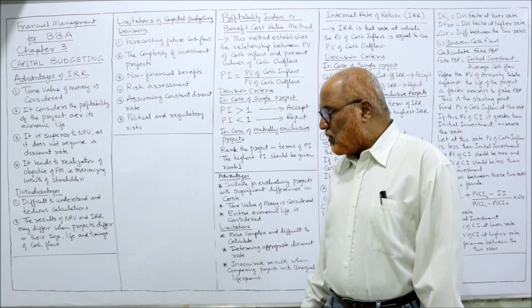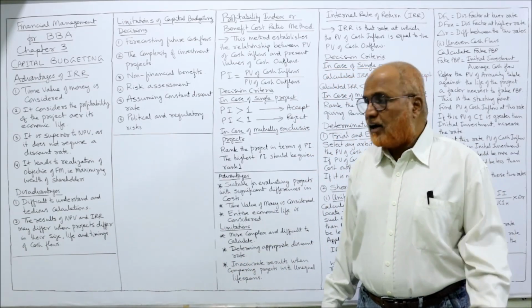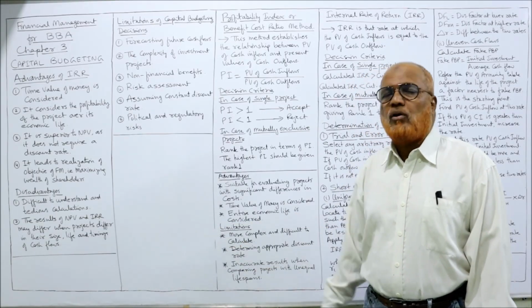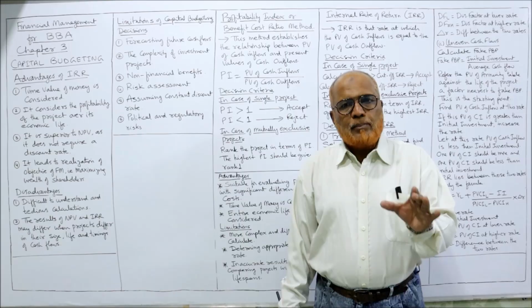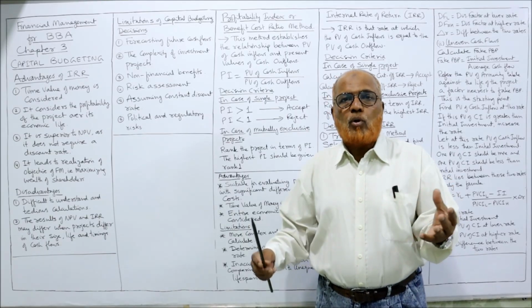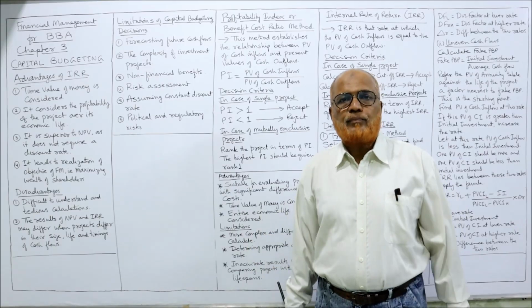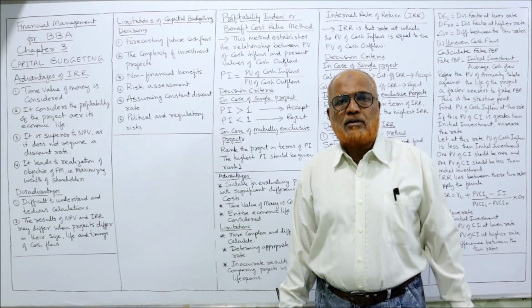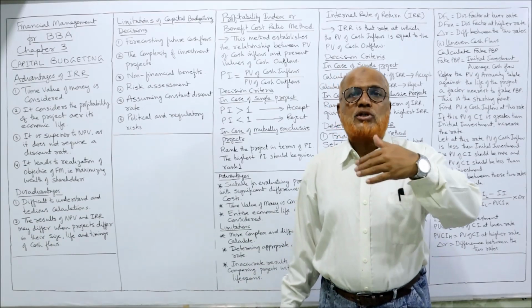Next, the results of NPV and IRR may differ at times when projects differ in size, life and timing of cash flows. Same project, if we take a decision under NPV and IRR, both the decisions may be conflicting, opposite decisions. Example, NPV says the project should be accepted, whereas IRR may say the project should be rejected.